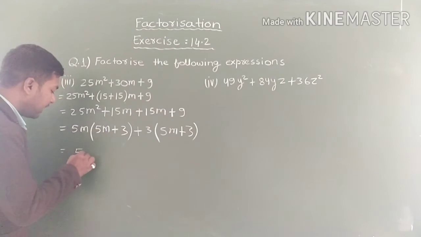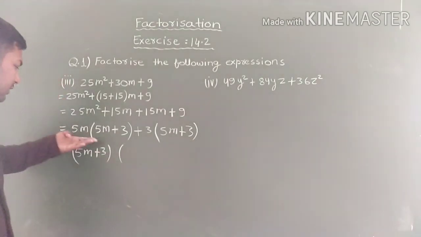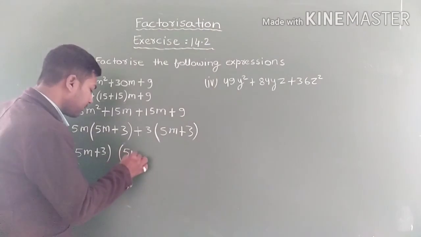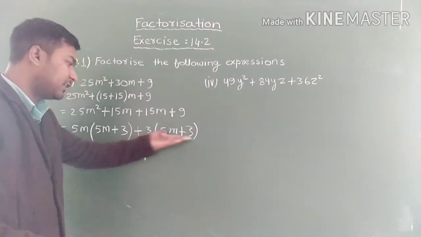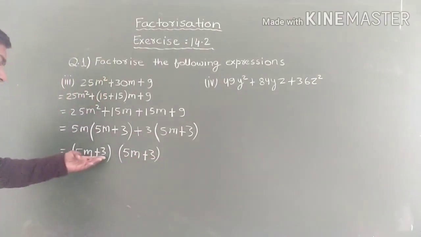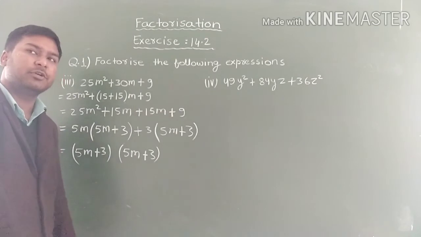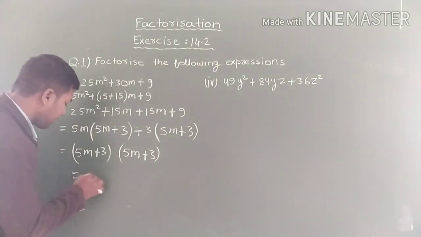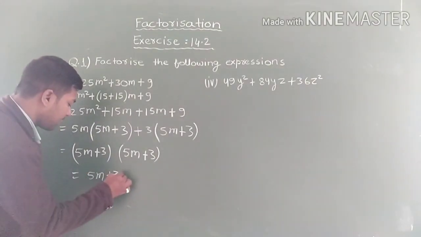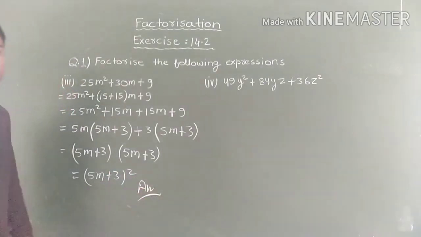What is left in the first term? 5m, plus in the second term plus 3. Now 5m plus 3 into 5m plus 3 is 5m plus 3 whole square. And this will be the answer.